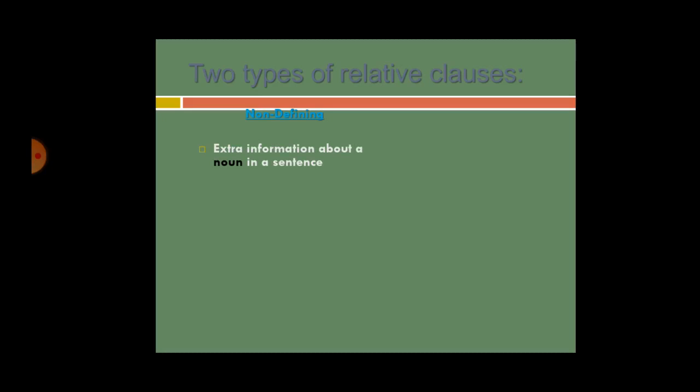Non-defining clauses give extra information about a noun in a sentence, about a person or thing, which is not necessary for the sentence to be meaningful. A non-defining clause is separated from the main clause by commas. See: the new Woody Allen film, which I saw last week, is very good.